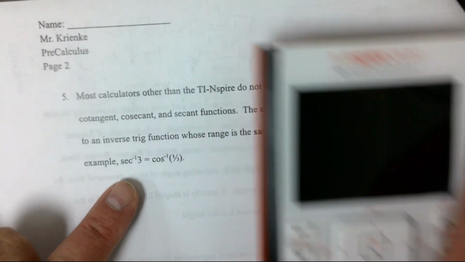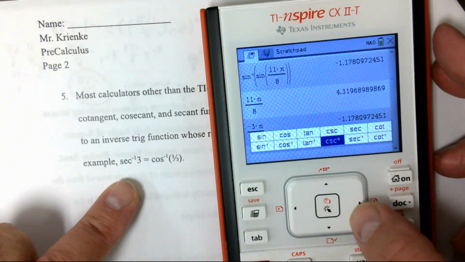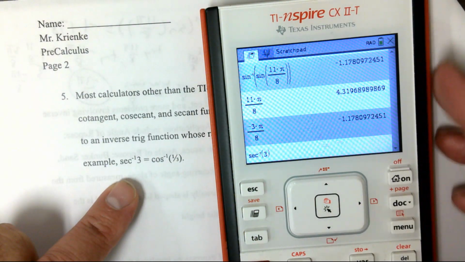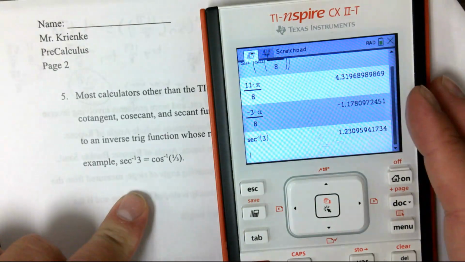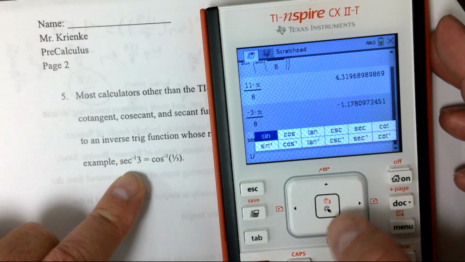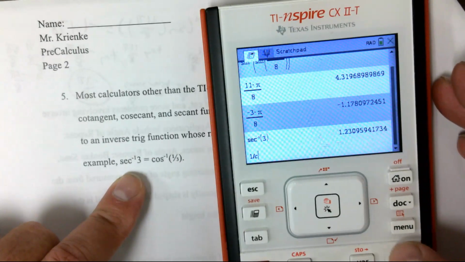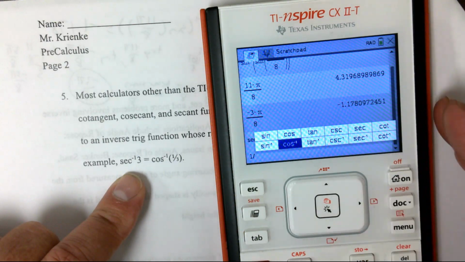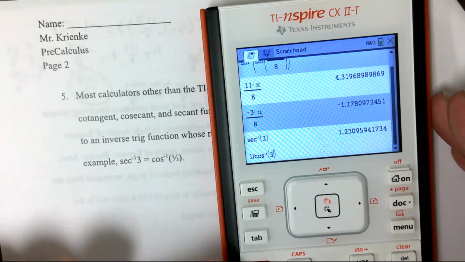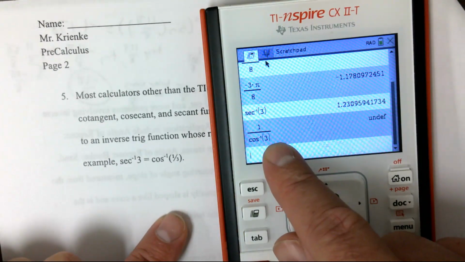I think we can also say inverse secant of 3 as a decimal is the same as 1 over cosine negative 1 of 3. No. We'd have to do 1/3.